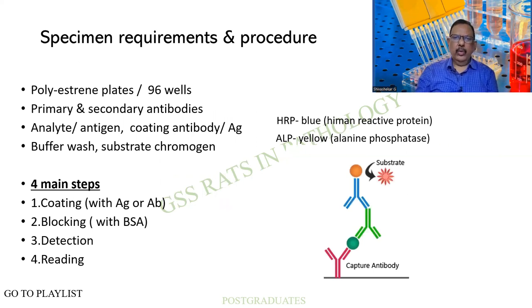Now, what are the requirements for it? What are the specimen and the procedure? You find that there can be polyester plates. I had shown you a plate with 96 wells earlier. There can be the primary and the secondary antibodies, the analyte or the antigen, and then there is a coating antibody.